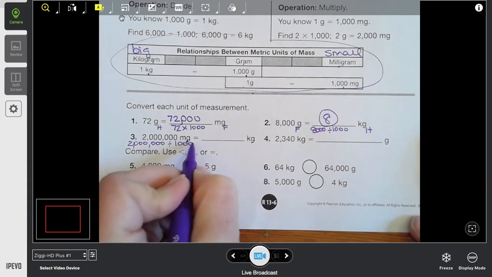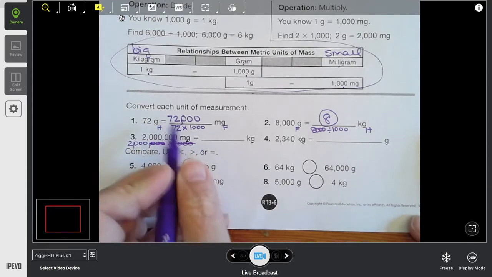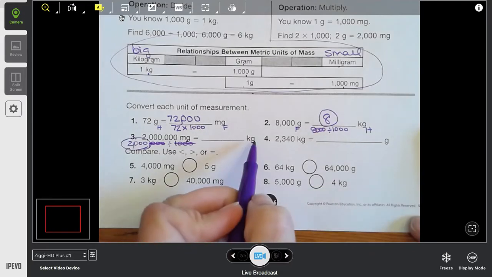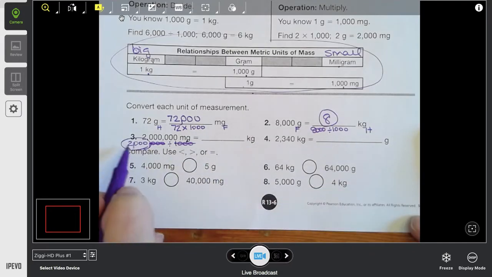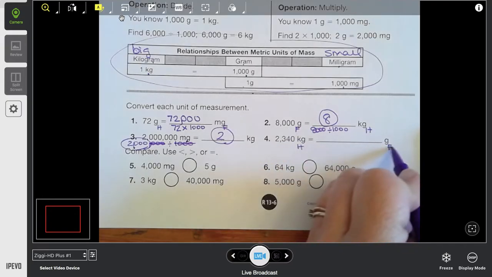Taking these 3 zeros and canceling them out, that would make 2,000 grams. Now I can take my 2,000 grams and change them into kilograms. Every kilogram has 1,000 grams. So how many kilograms could 2,000 grams make? 2. 2 kilograms.